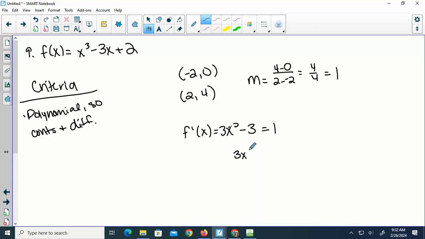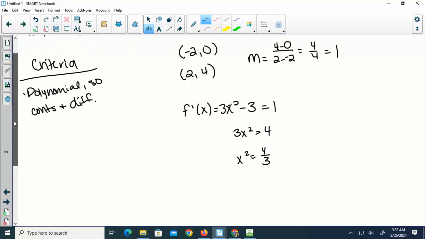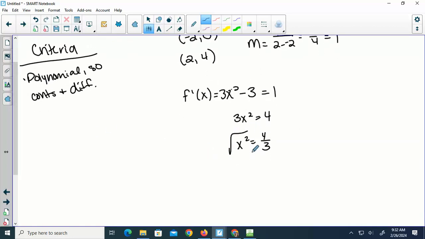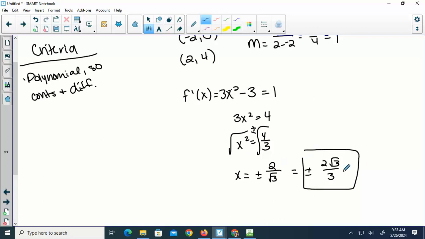So that means 3x squared is equal to 4. x squared is equal to 4/3. To get rid of a square, we square root, plus and minus. So square root of 4 is 2. We can't do the square root of 3, but it's bad notation to leave a radical on the bottom. So that's 2 radical 3 over 3. You should verify those are both in your interval. These are, so they both count. Otherwise, if one of them wasn't, you would just list the other one.